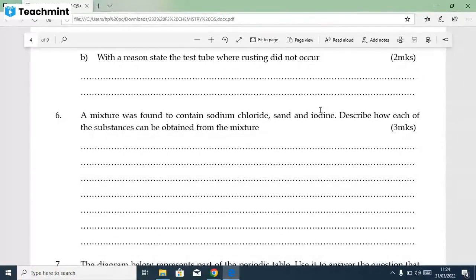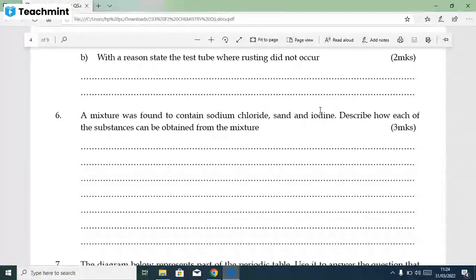You dilute the mixture. How do you dilute? You add water to the mixture. Then you stir.